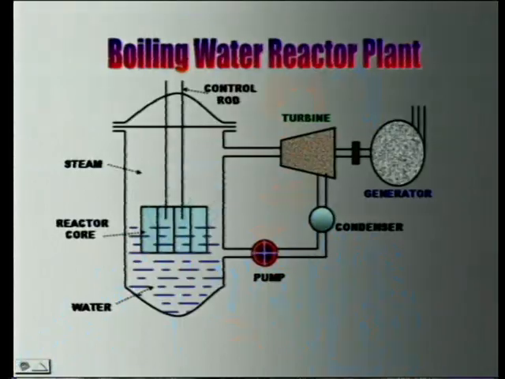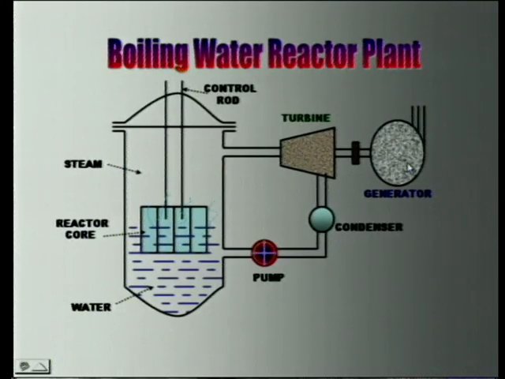The first type of reactor we have is the boiling water reactor. In a boiling water reactor, this is the reactor part, the reactor core, and we have the control rods. This is the water, and we have the turbine which generates mechanical energy.